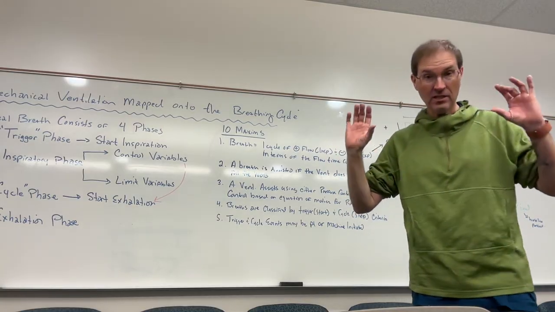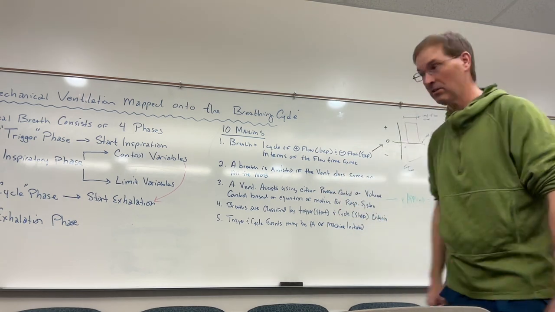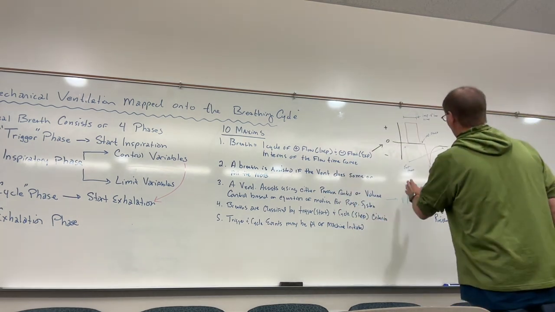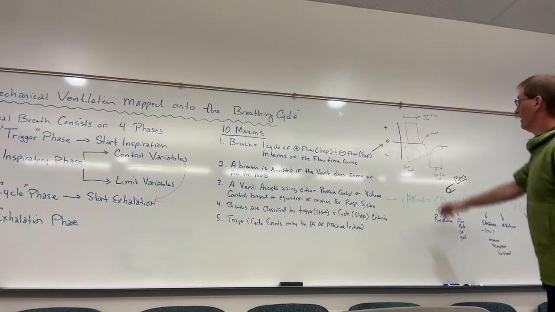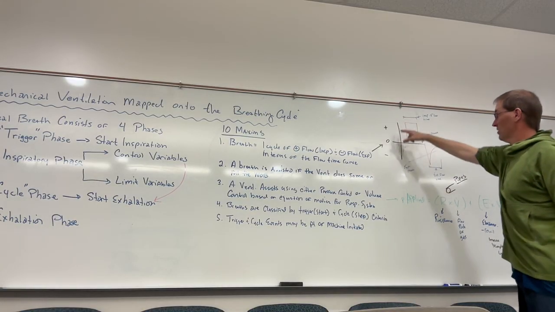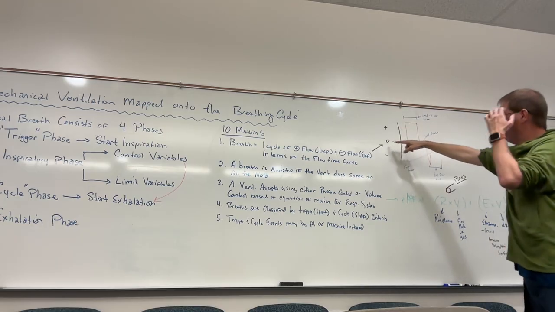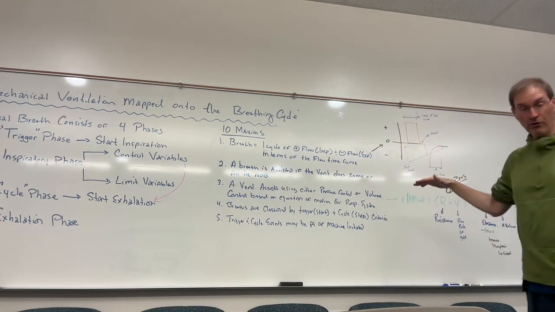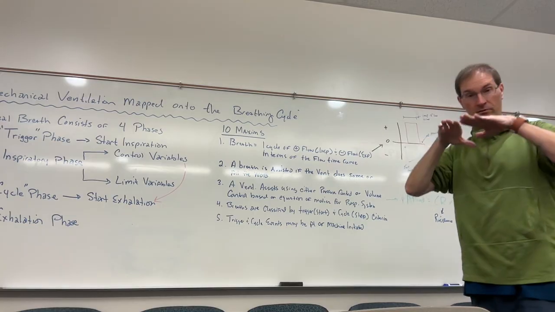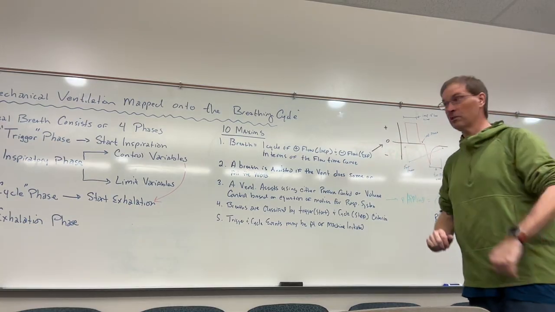Again, this is just the basic terminology. That's what it means. And when we graphically represent that, I have a little graph that I've drawn here. On the y-axis is flow, and the straight line in the middle would be 0. No flow at all. No flow in or out. There's no flow going into or out of the respiratory system.